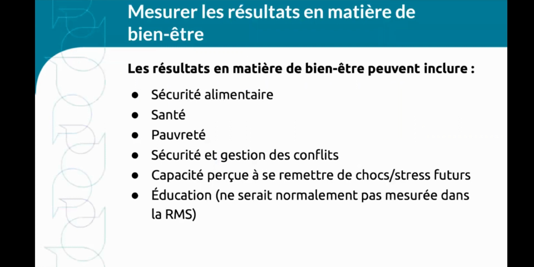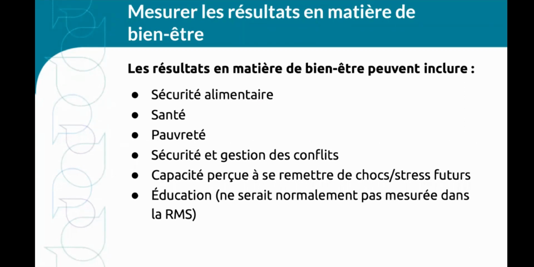The third major type of information that we want to collect in the RMS systems is measures of the well-being outcomes of our target populations. Essentially, what we're trying to do in resilience programming is give households the wherewithal to enhance their resilience capacities, so that when they are exposed to shocks, their well-being outcomes will be less affected, or they'll be able to recover their well-being in the face of shocks.